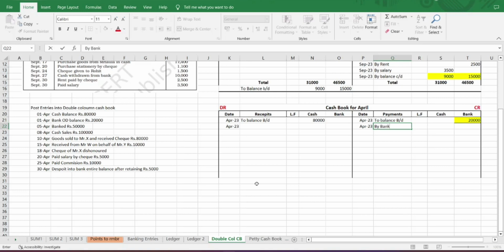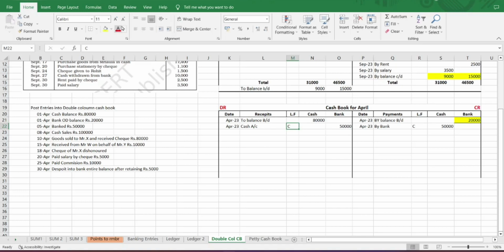Credit entry is by bank, cash column 50,000 and ledger folio column capital C. Similarly, on the cash account side, contra entry, bank column 50,000.